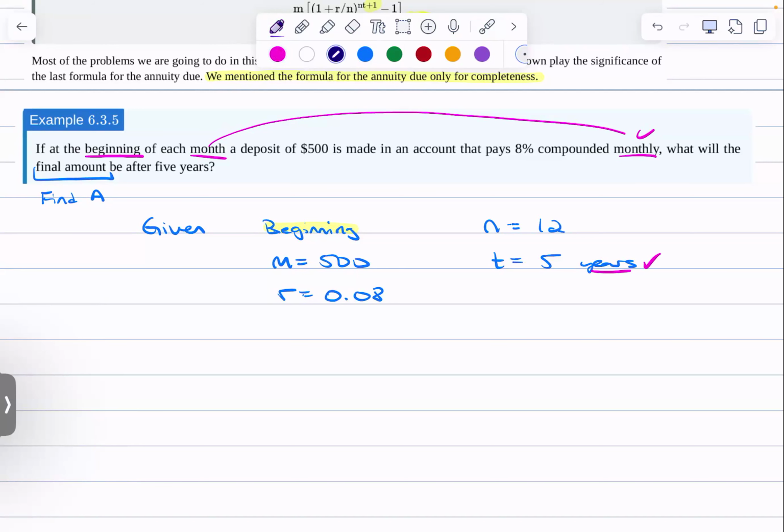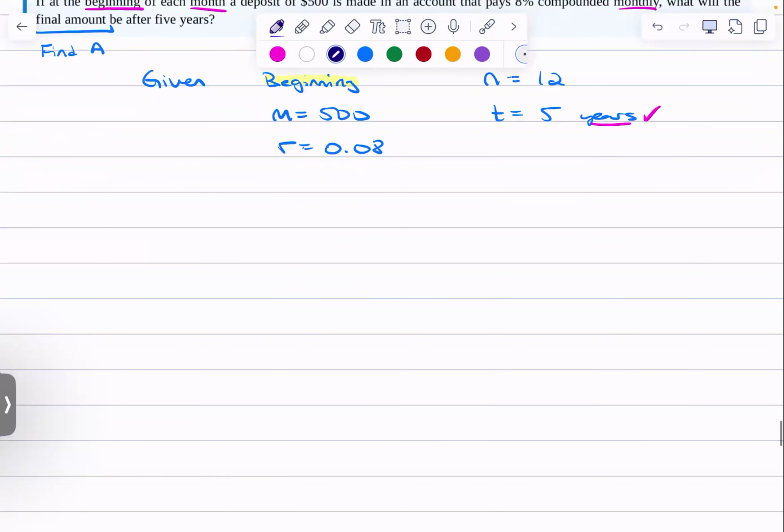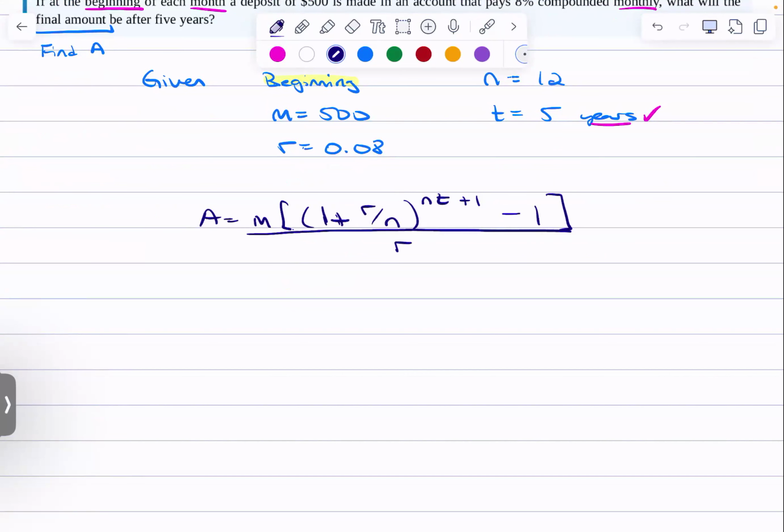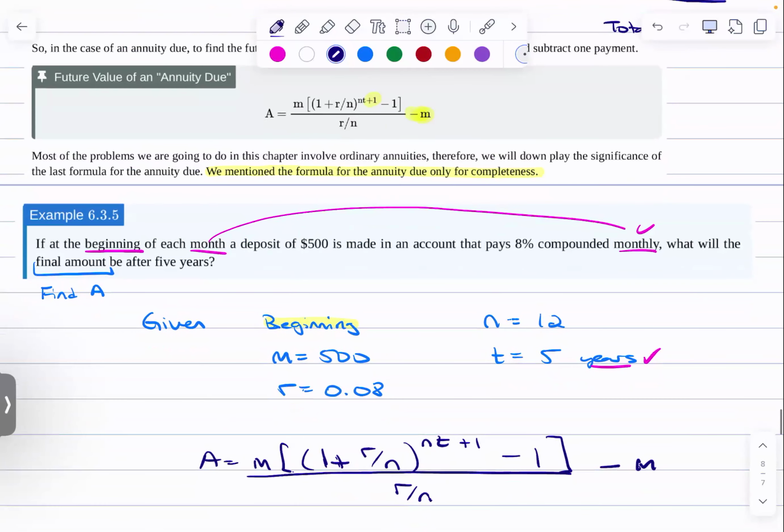Okay. So now we adjust our formula just a little bit. M times 1 plus, my pen might die before we finish, r over n to the nt plus 1 and then minus 1 over r over n, minus M. Let me double check here.